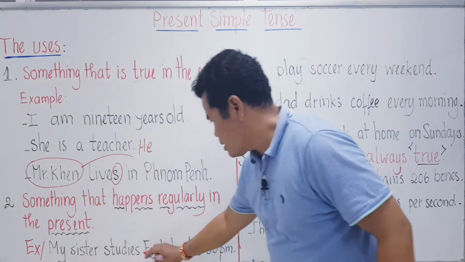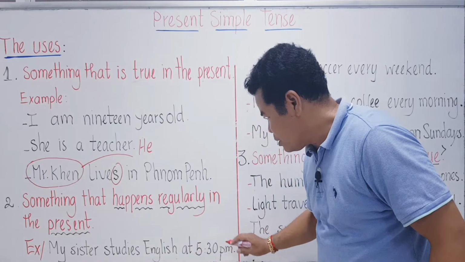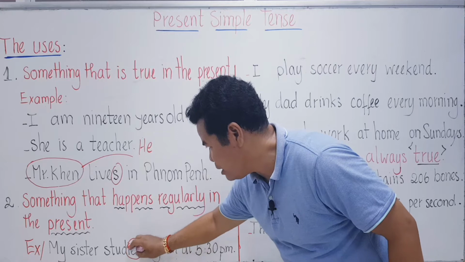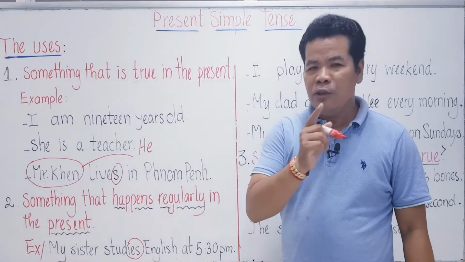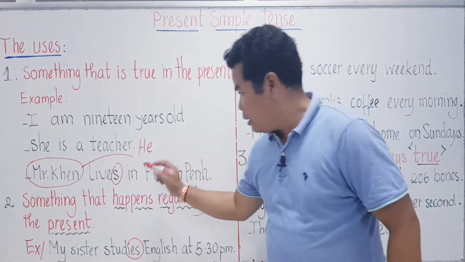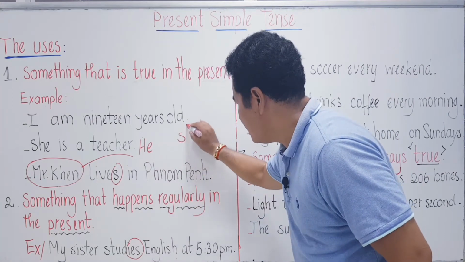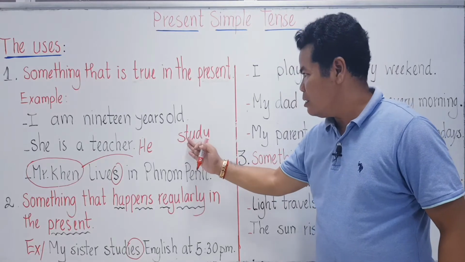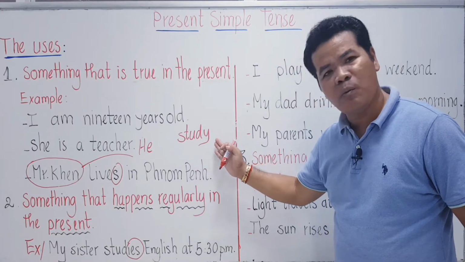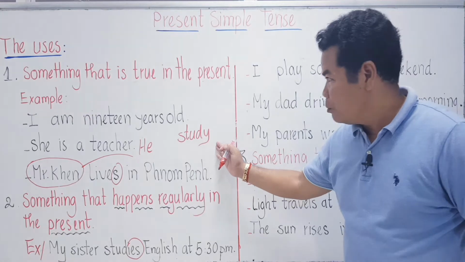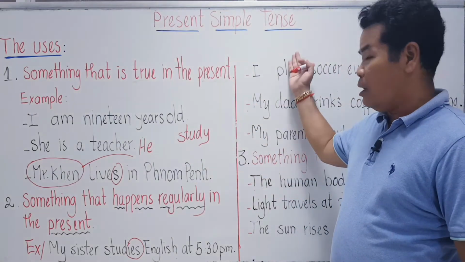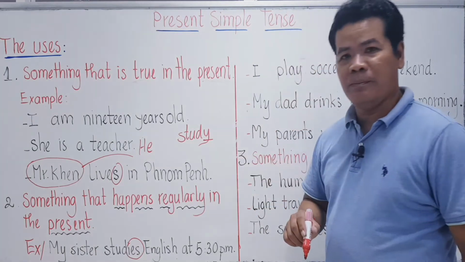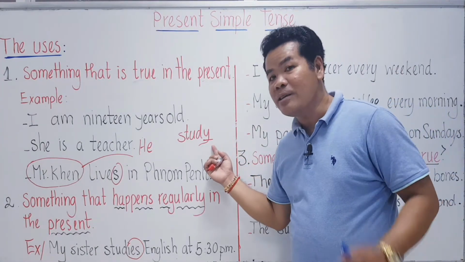My sister studies English at 5:30. Please take note about IES here. You remember, in fact, the word study is S-T-U-D-Y. But when we use it with the third person singular, as I told you, you have to look at the end of the verb. Is it Y? Yes.